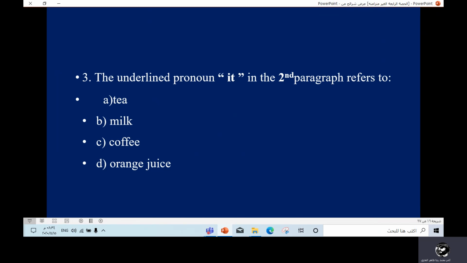Now it's time for number 3, the underlined pronoun it in the second paragraph refers to. What do you think the underlined it refers to here? Do you think it refers to tea or milk or maybe coffee or orange juice? To identify the answer, let's go back to the paragraph which contains the underlined pronoun it.